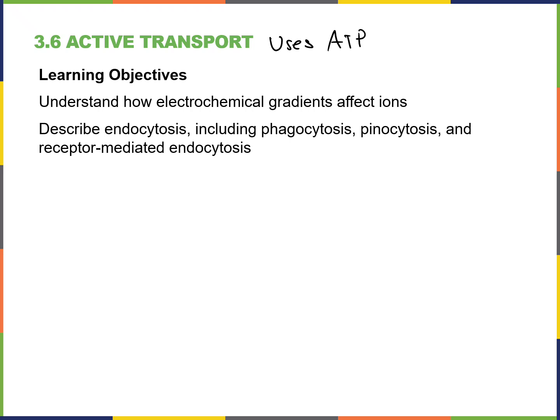Active transport does. So we will understand how electrochemical gradients affect ions. We'll describe endocytosis, including phagocytosis, pinocytosis, and receptor-mediated endocytosis. And then we'll also talk a little bit about exocytosis. All just fancy words for cells eating, drinking, and pooping.